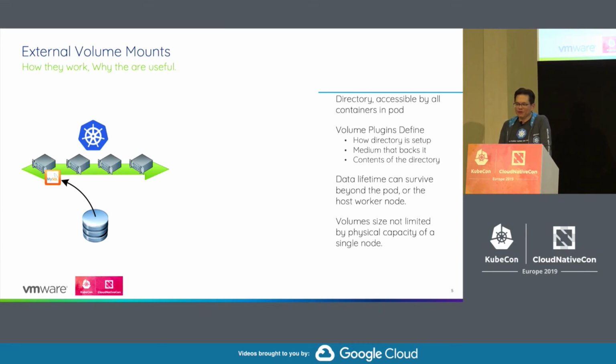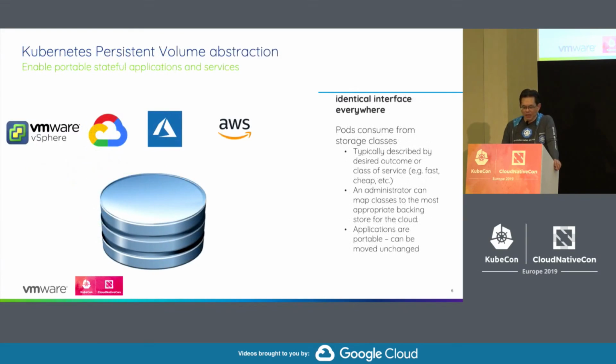If you were only using direct attached storage and whatever physical node was hosting your Kubernetes worker node, there's a physical size limit on how big that can be. There are people with databases that need to go well beyond that. And these external volume mounts are the key to extending your life cycle, your lifetime, your potential maximum size. And that's how you bring this about.